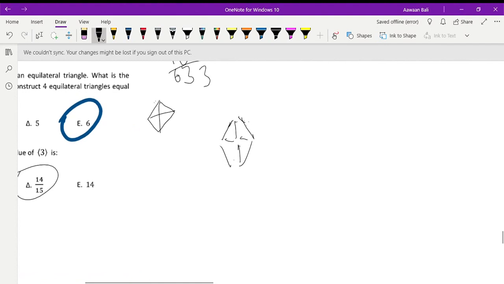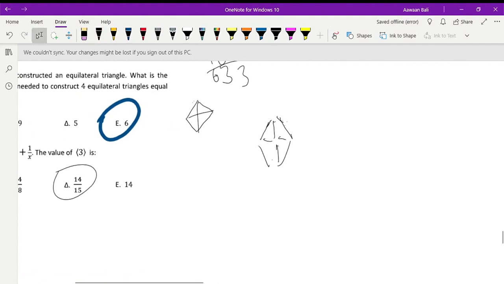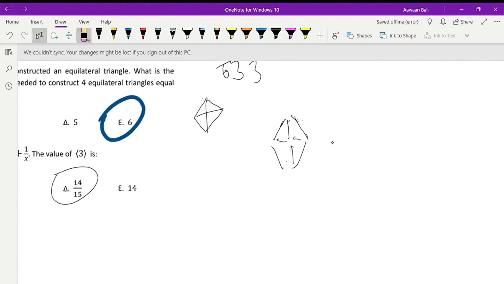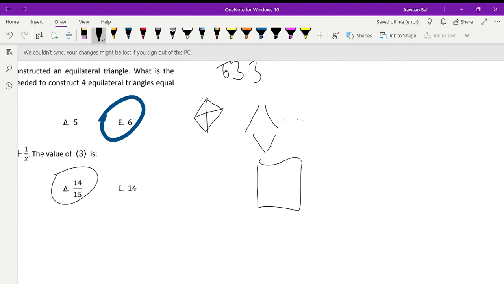1 2 3 4 5 6 7. Oh, sorry. We put 4 matches like a square. And when you make a square, you can actually make some equilateral triangles like this, if you do it properly.